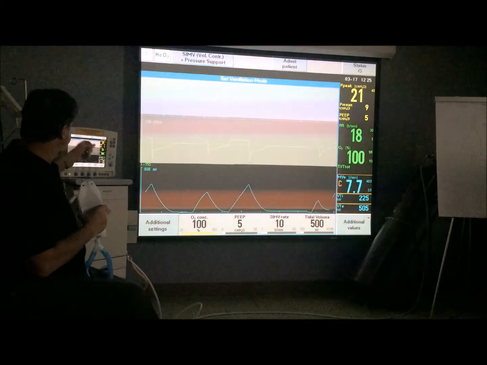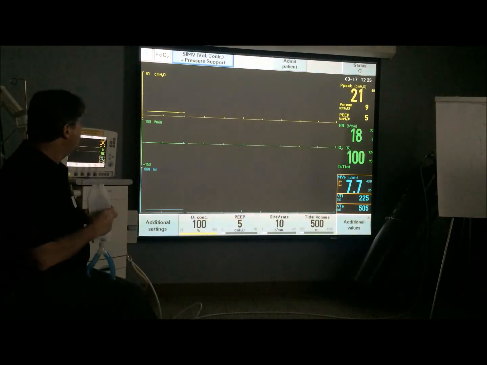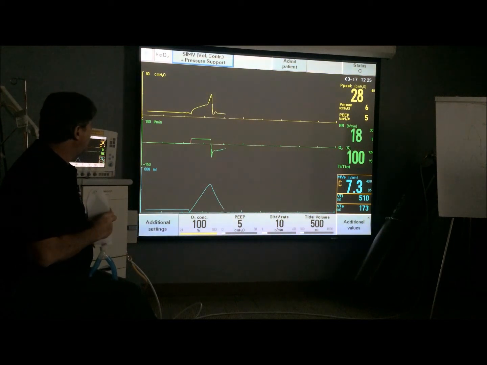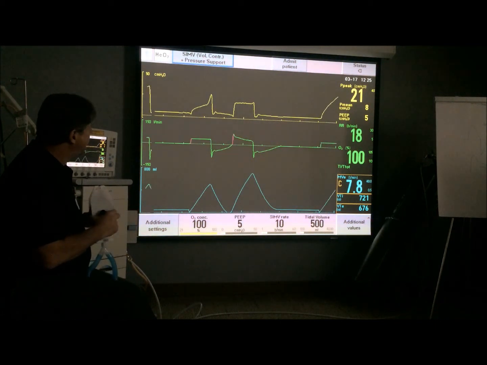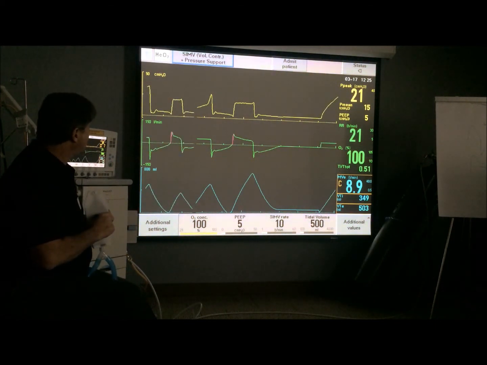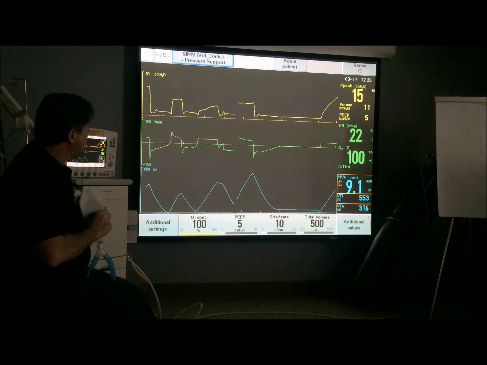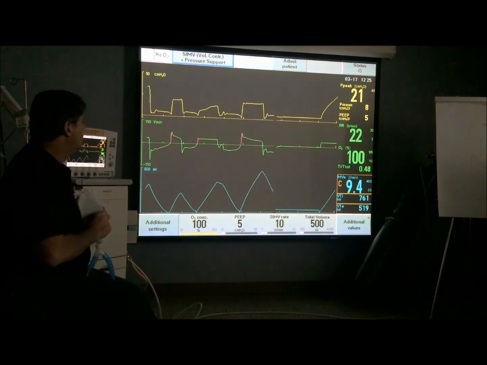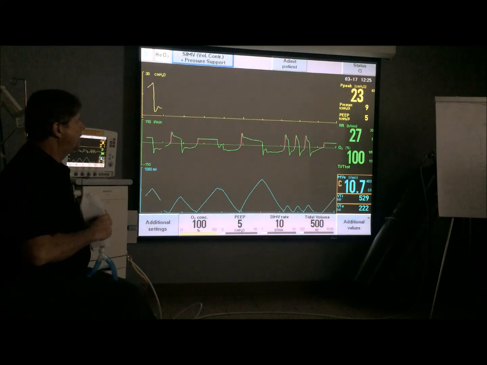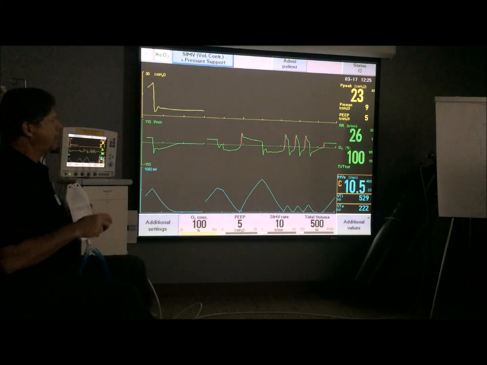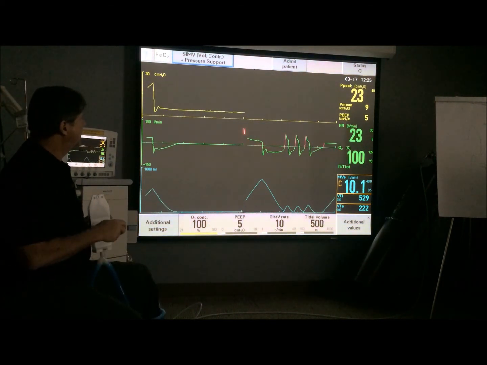As we saw when I set it up, it was set at 15. But flow is variable, and I time is variable, because in pressure support I can take a long breath or short breath. But in a control breath, I'm restricted to whatever I time I have set.